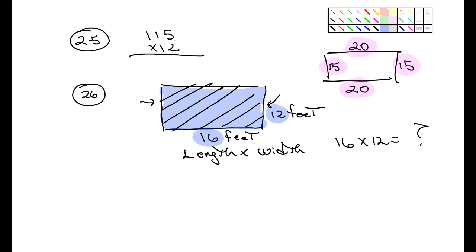Remember, perimeter is going around an object. The area is what's inside an object. And this particular problem is talking about area. So when you get your answer in area, the answer is, and let's just call it x. I don't know what it is, but I'm going to call it x. But it's going to be x square feet. That's how you would label it. Whatever 16 times 12 is.